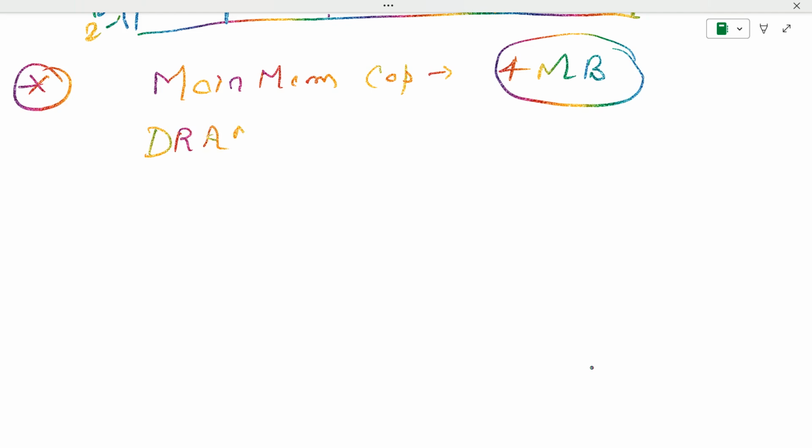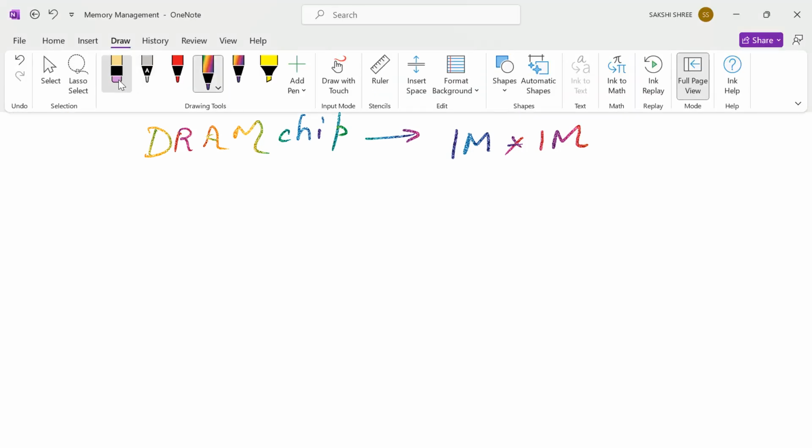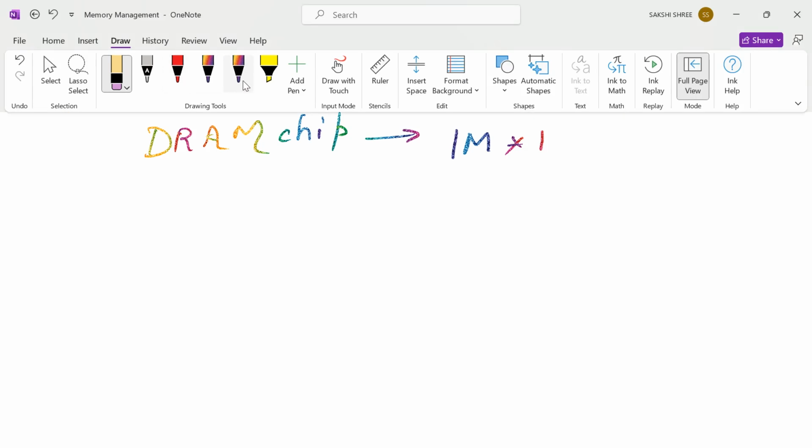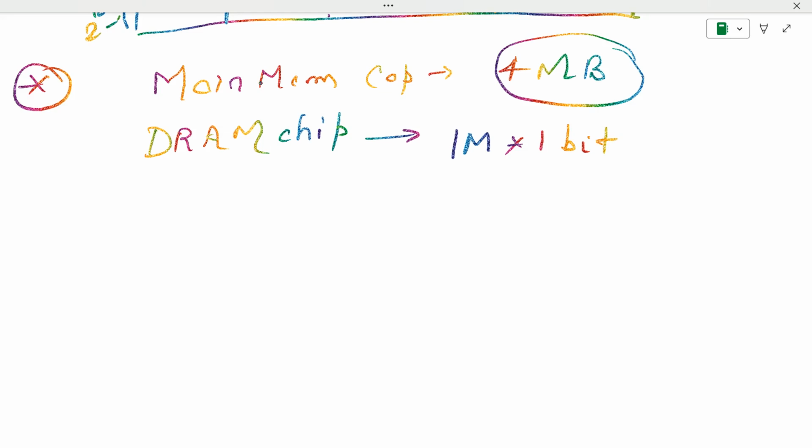Okay, so 4 MB would be the main memory capacity, and it has to be built with DRAM chips. Here we are using DRAM chips, and this DRAM chip would be 1M into 1 bit. Now this 1 RAM is equal to 2 raised to the power 20 rows, and 1 bit is the data size.